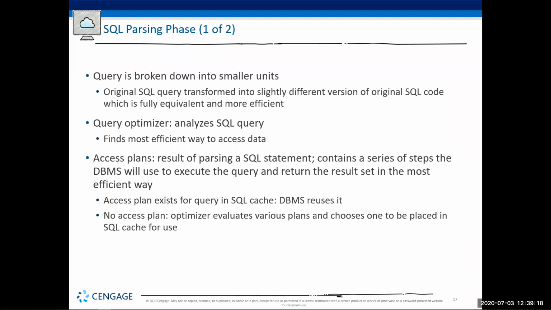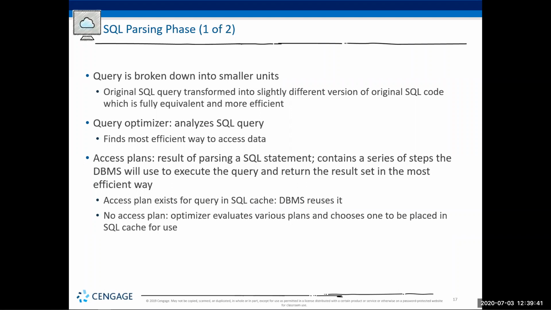So in the parsing phase, here's a little bit more defined of what it does. Again, we talked about this. SQL is broken down into smaller pieces to look at every single element within your SQL, complex SQL, nested SQL, whatever. And then the query optimizer analyzes that to see what you're touching, the table size, and factors in all those characteristics.